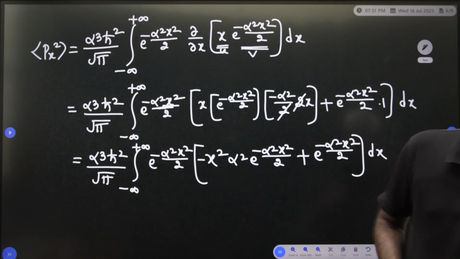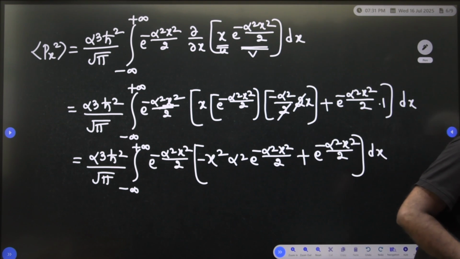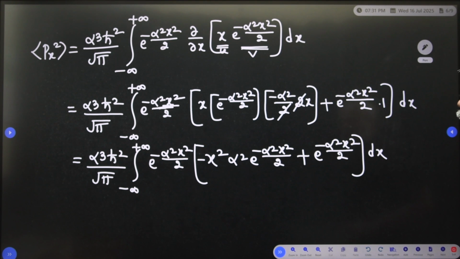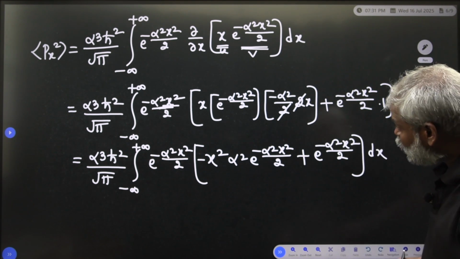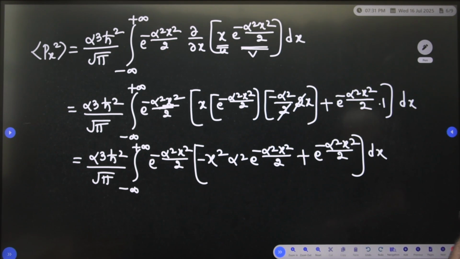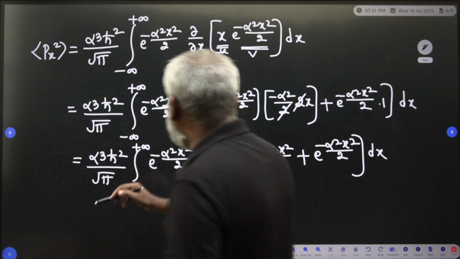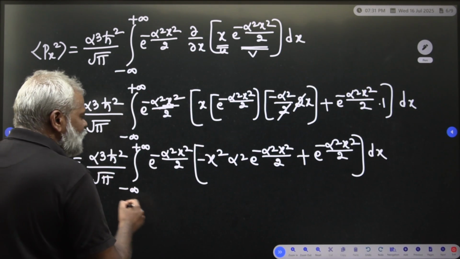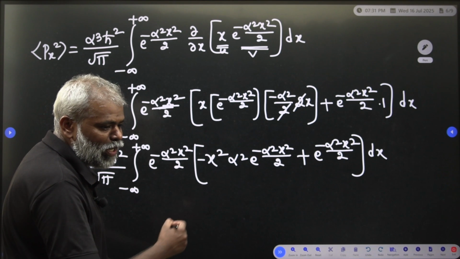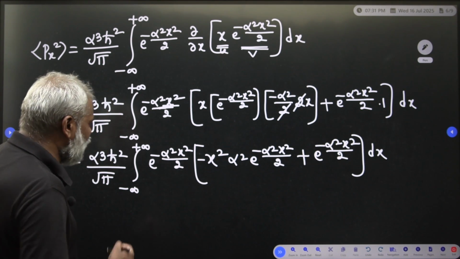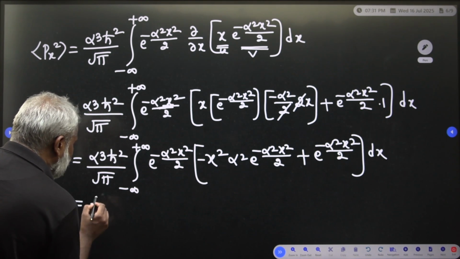So like this we have to do. From that, you take this minus outside, and this alpha square you have to bring inside. So what is going to happen?